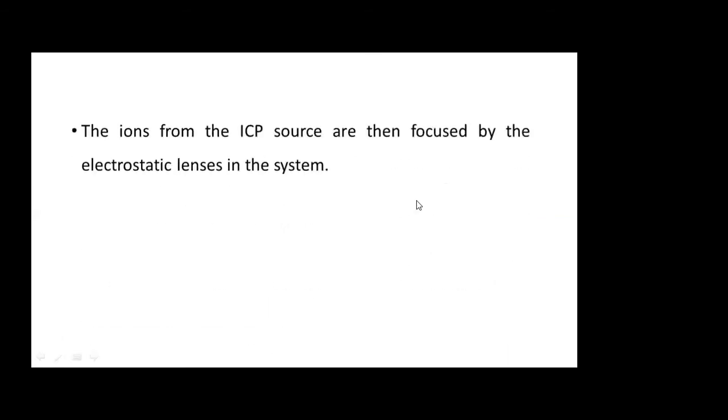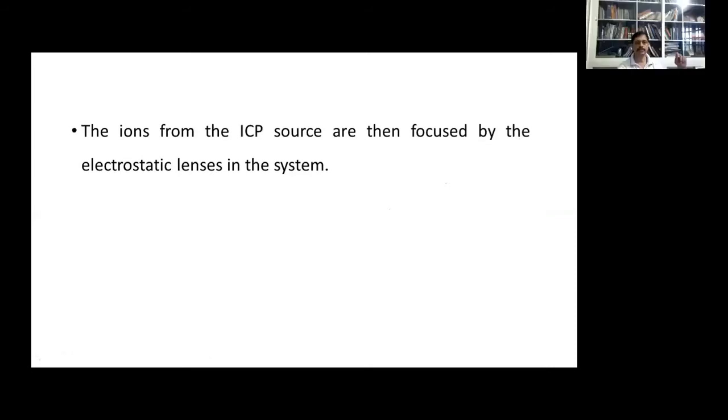The ions from the ICP source are then focused by the electrostatic lenses in the system. As the sample in the form of ions passes through the cones, they will enter and they will be focused in the MS into the electrostatic lenses.